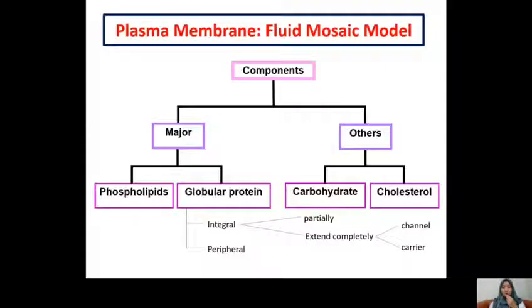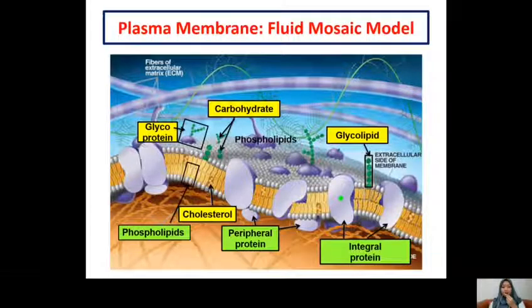We have a few examples of the fully embedded integral proteins, which are carrier protein and also channel protein. Alright, so this is the structure of the membrane. As you can see here, there are structures that we call phospholipid, and then we have another structure, which is globular protein.